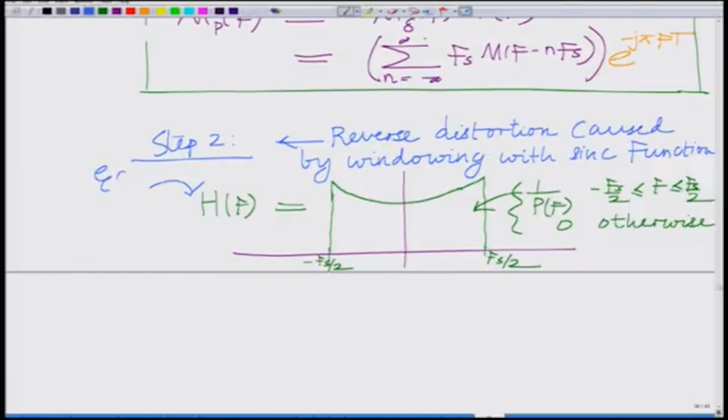And the reason for this is as follows. Let me just write it and explain this. This is also known as an equalizer. The reason for this is that the original sinc windowing is multiplying by the sinc, alright, which has basically a decreasing amplitude.